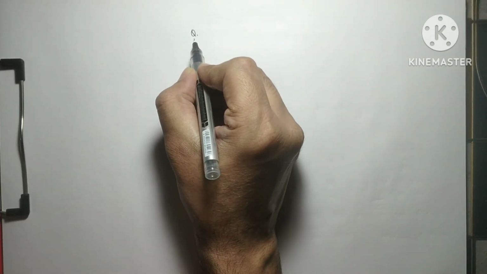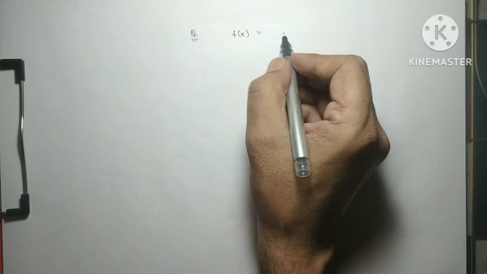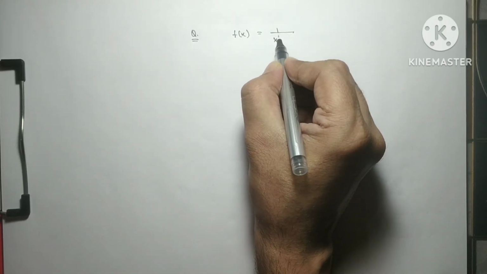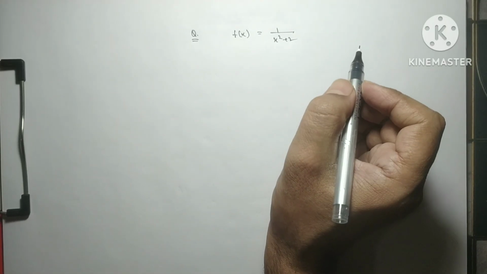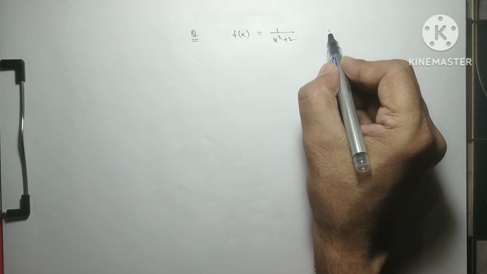So the question is, we have a function f x is 1 over x square plus 2, and find the point of maxima and minima and their values.